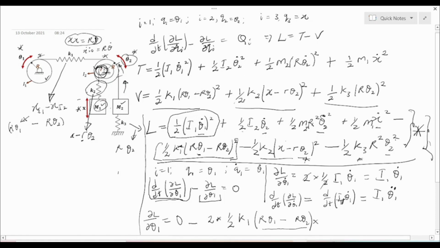In case you don't understand how this was differentiated, that's how we differentiated half k1 times bracket r θ1 minus r θ2 bracket squared. You just go and look at how you differentiate a function of a function, and easily you will get this equation. And if you simplify further, knowing that the 2 cancels out the half, we will be left with k1 r square times (θ1 minus θ2).